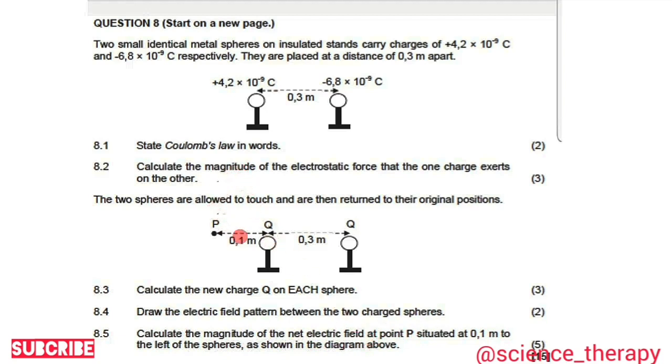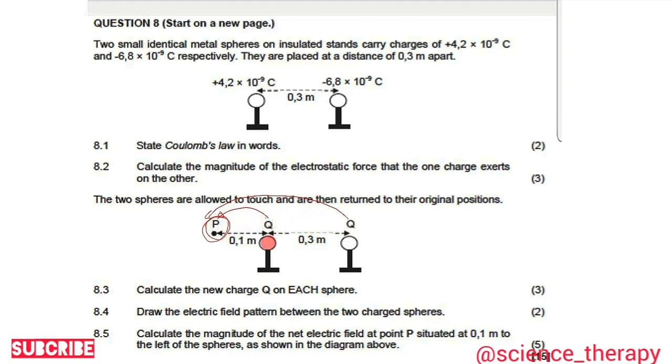Every time we calculate the net electric field, we calculate in reference to the positive point charge, which is most of the time indicated by P. So we are calculating the electric field at P due to this first sphere, and then the electric field at P due to the second sphere. Everything is in reference to P.